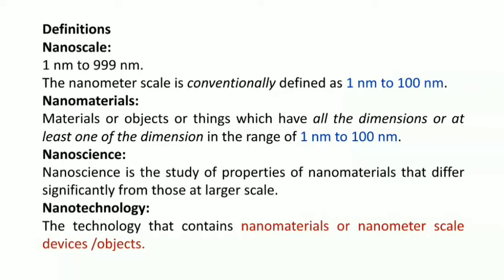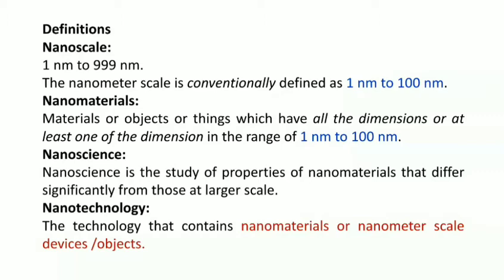Any material or object or thing which has three dimensions: if the size in all three dimensions, or at least one of the dimensions, lies in the range of 1 nanometer to 100 nanometers, then it is called a nanomaterial.